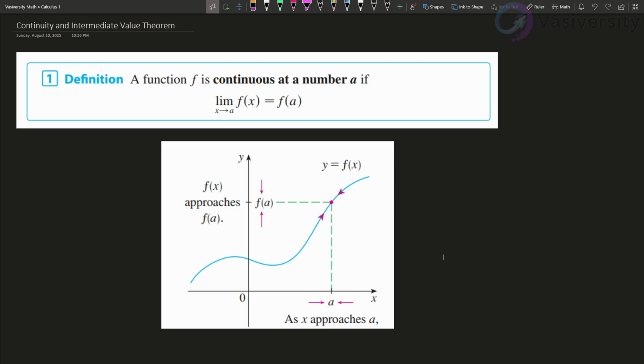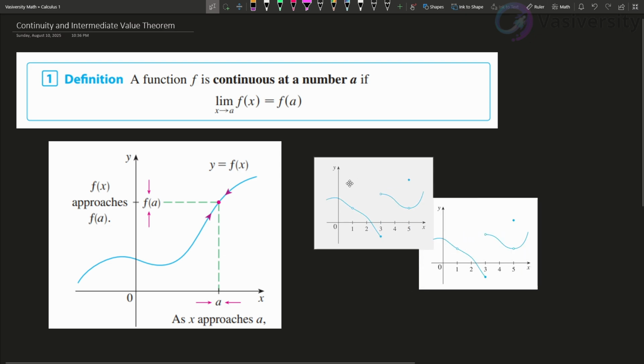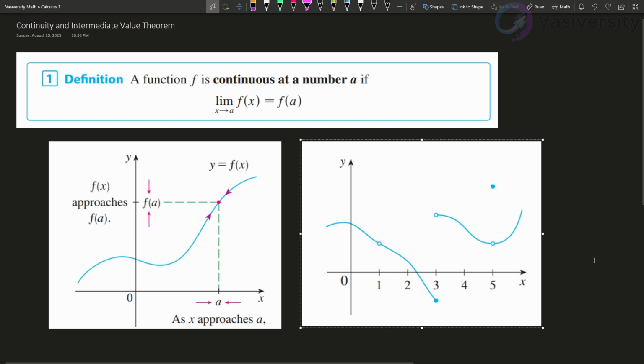Meanwhile, a function like this would not be continuous. Why? Because we can have a limit here, but this one is not continuous, even though the limit exists and the function value exists.